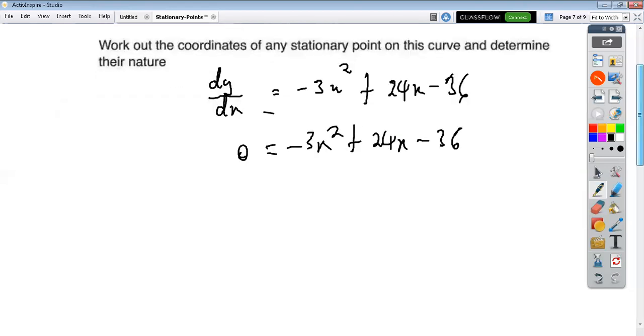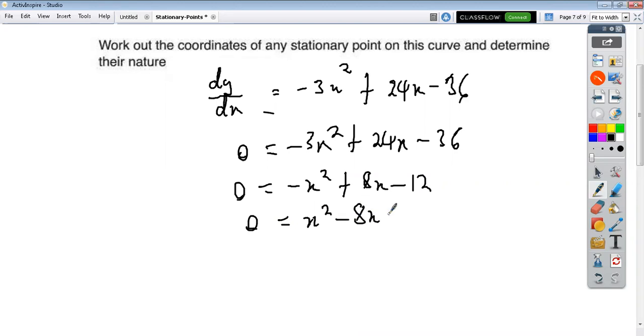If I know my maths very well, I can divide this whole thing by 3 so that I get negative x squared plus 8x minus 12. Then if you want, you can divide the whole thing by negative 1. So this is 0 is equal to x squared minus 8x plus 12.